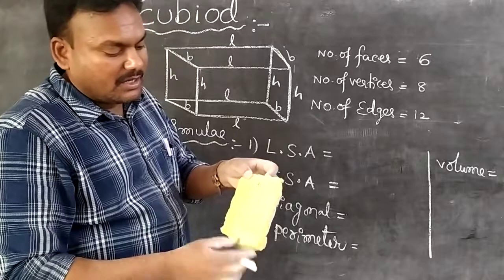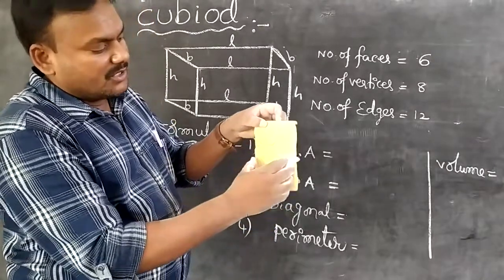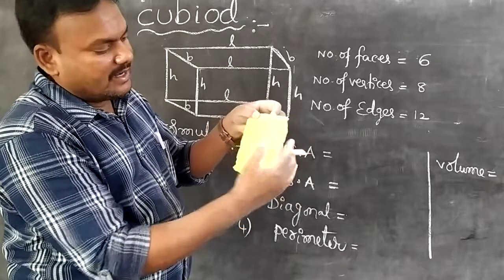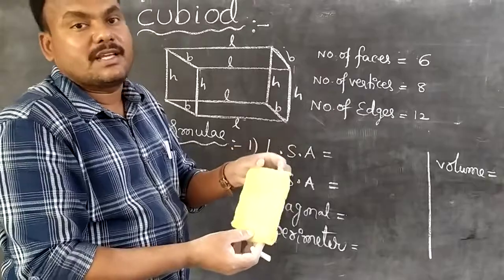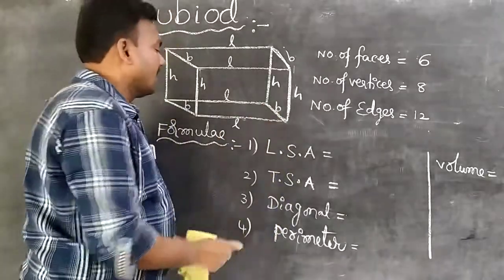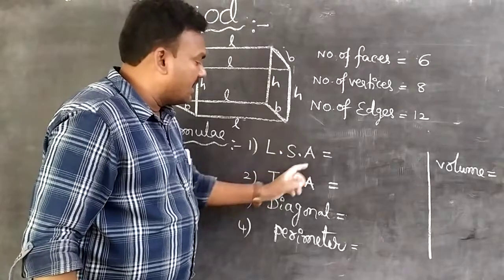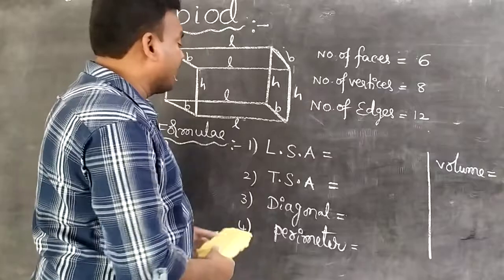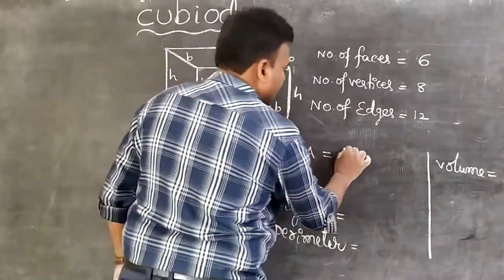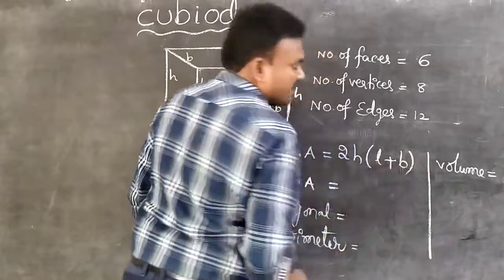Including top and bottom along with the sides, face and back side, here also, and including top and bottom also, is total surface area. Students, observe here. LSA is the abbreviation for lateral surface area. The lateral surface area of a cuboid formula is 2h of L plus B.